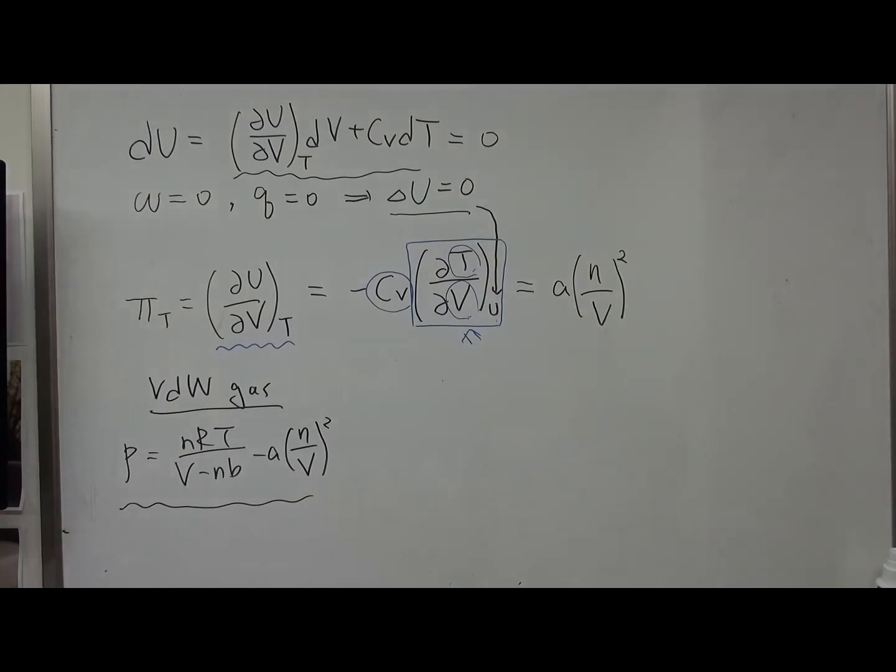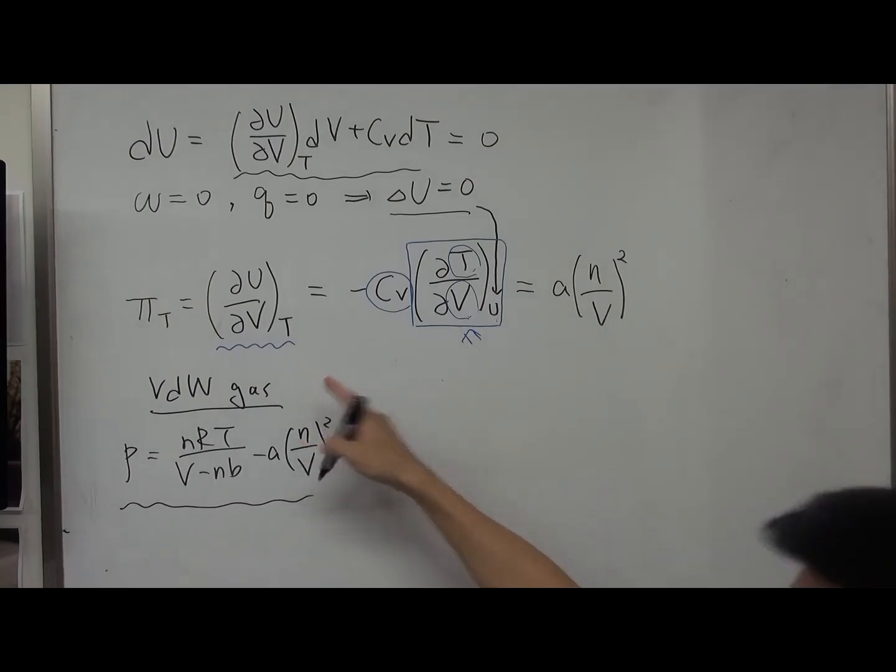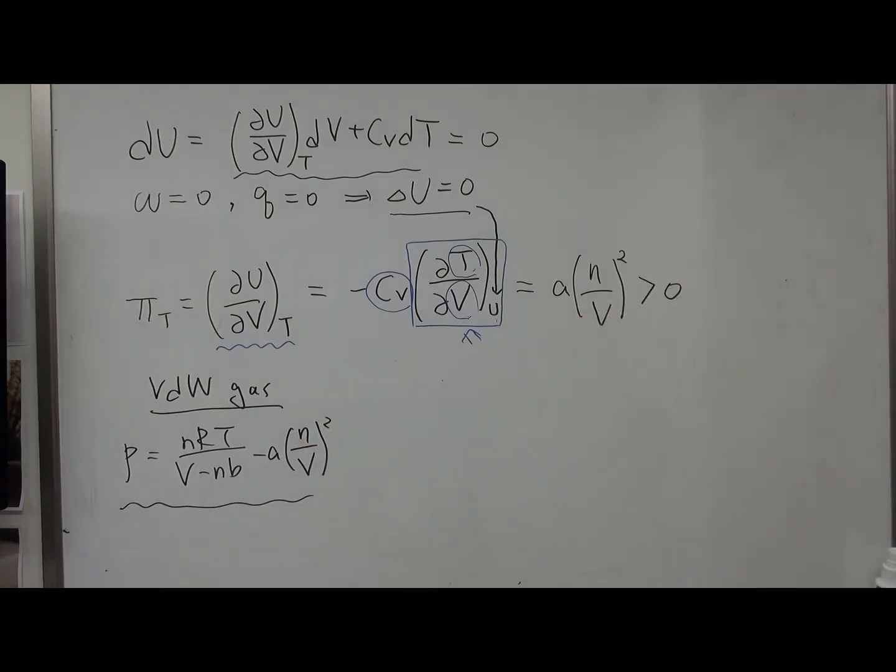Okay. So internal pressure for a kind of real gas is positive. Okay? Which means that this part, which can be measured experimentally, is negative. Okay?